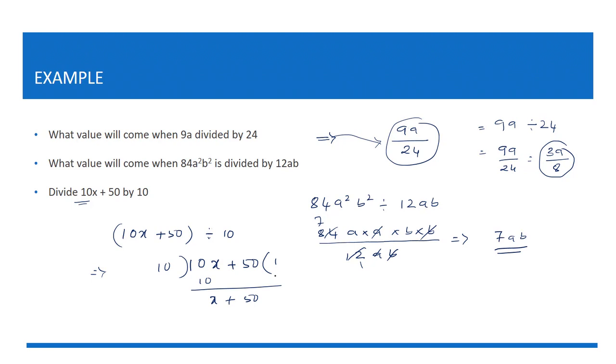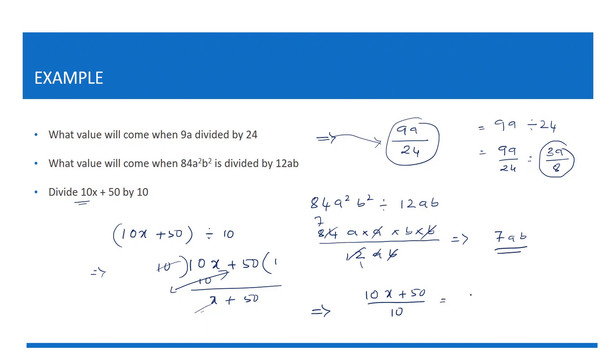Again this 50 I'll keep, but going this way is going to be a little bit tedious. Let us go this way. It's a very simple one. 10x plus 50 divided by 10.